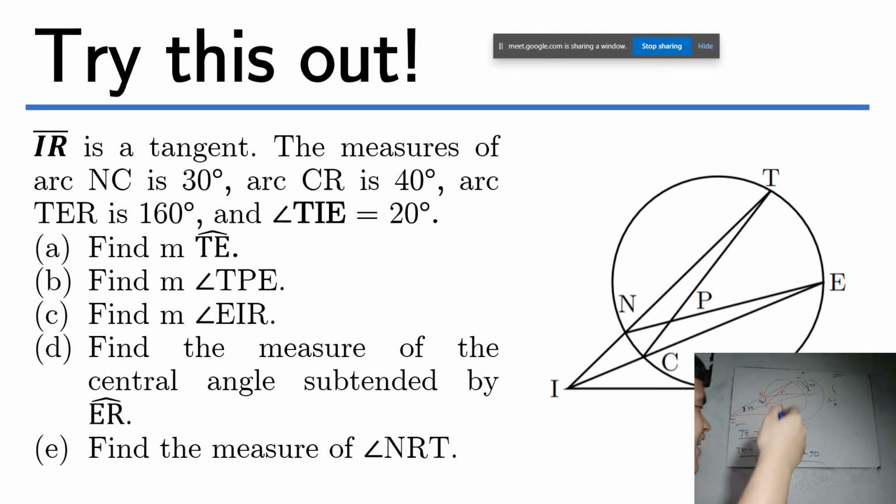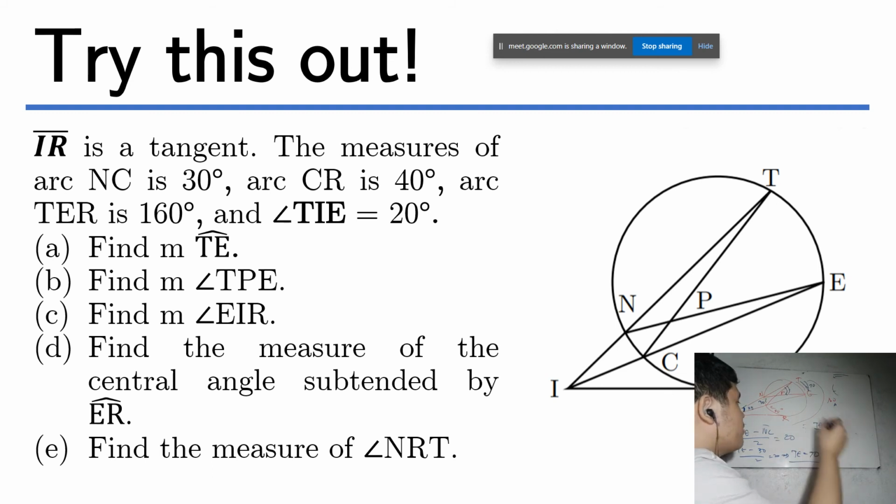Okay, game. Ngayon, ito raw. So, paano yan? Okay, paano to? Ito is TE plus NC over 2.